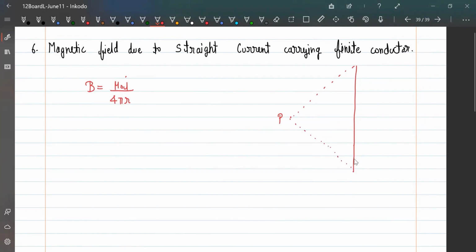So this angle is phi 1, and this one is phi 2. Is this correct? Purav, can you confirm this?